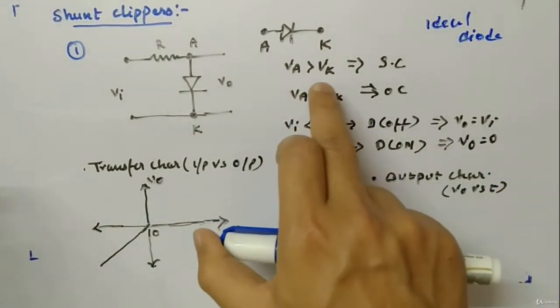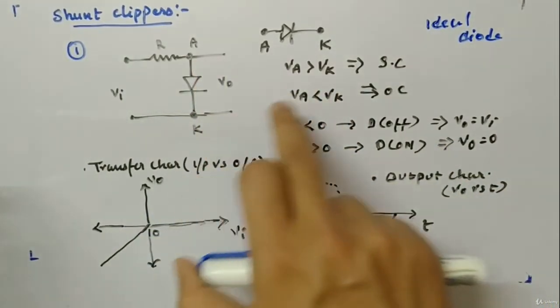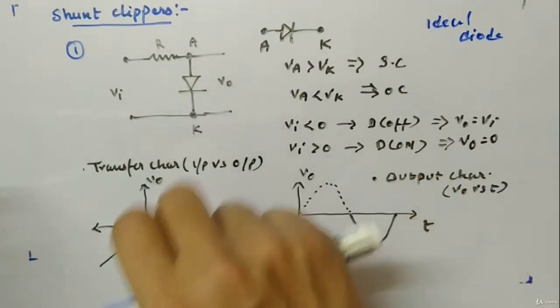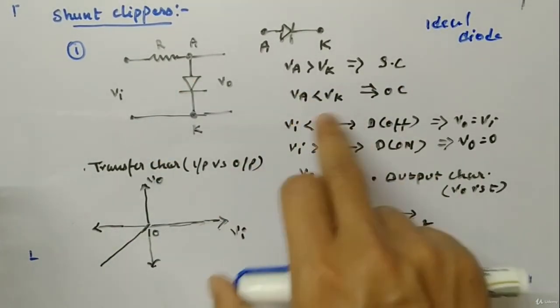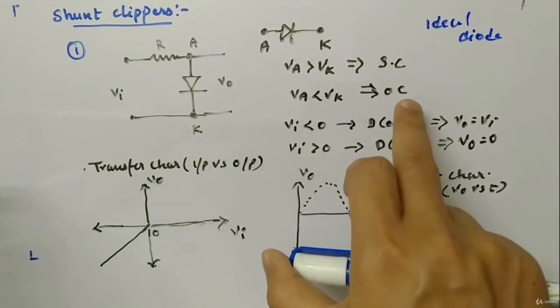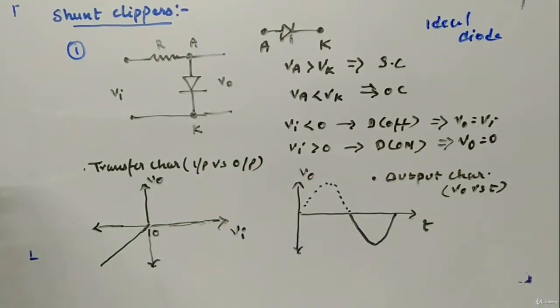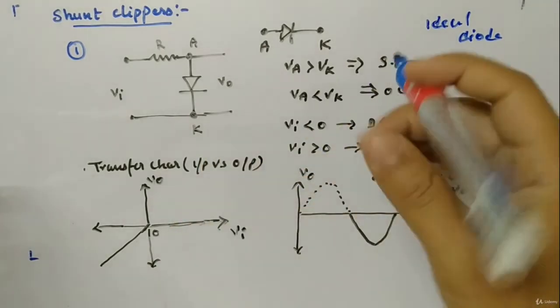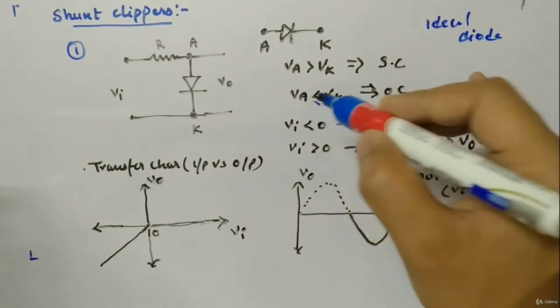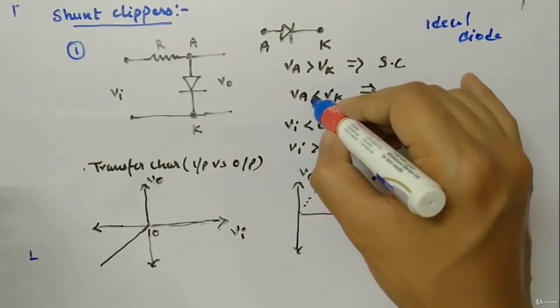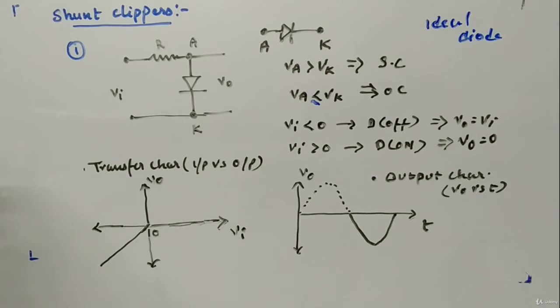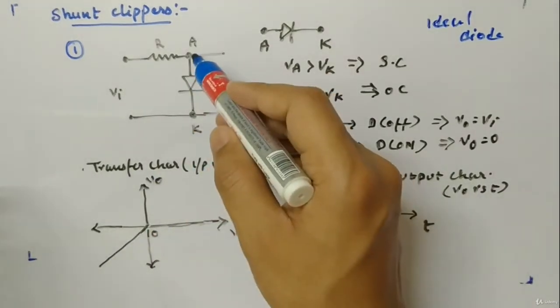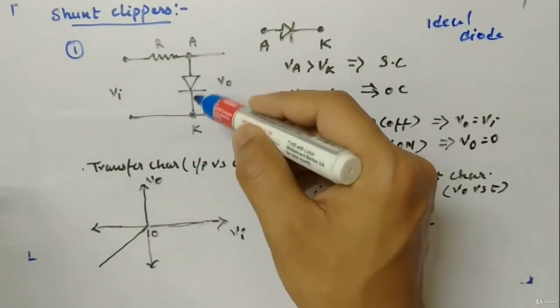If VA is greater than VK, it is represented by a short circuit. If VA is less than or equal to VK, then it is an open circuit. So VA has to be greater than VK for this diode to conduct.